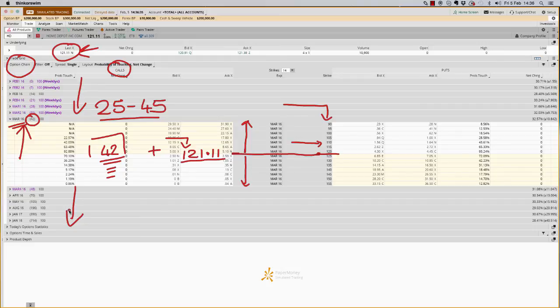The strike price is the price at which we're agreeing to take delivery of the stock.